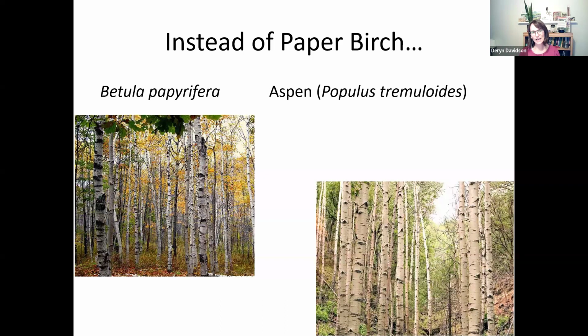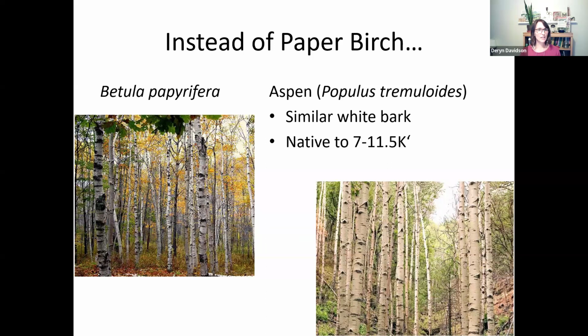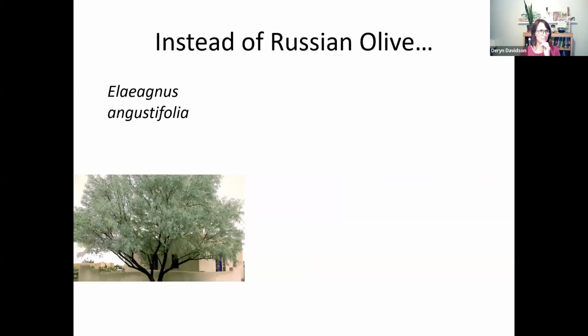It can be tricky to have aspen in cultivation because of how they send up new trees. But if you're planning for that and you know you're going to have that, then you can make it work for your space. Similar white bark. Again, native to higher elevation, and there are some pest problems.